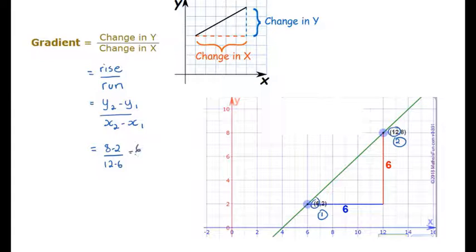So 8 minus 2 is 6, 12 minus 6 is 6, 6 divided by 6 is 1. So this one has a gradient of 1, which basically means that it goes up 1, across 1, up 1, across 1. Or if I went for a larger bit, up 2, across 2.